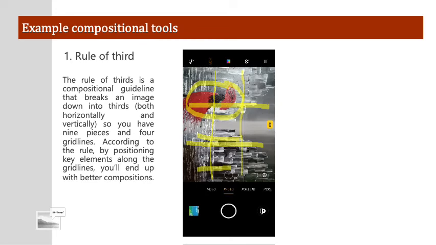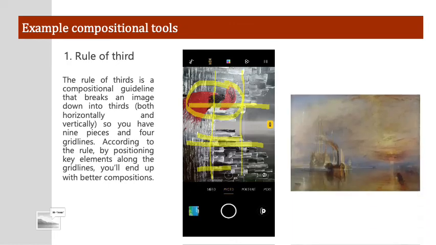Here is an example of a painting with the application of the rule of thirds. Of course the key element is being put here, although there are also other elements here, they are not termed to be the key elements because the primary subject is this one.